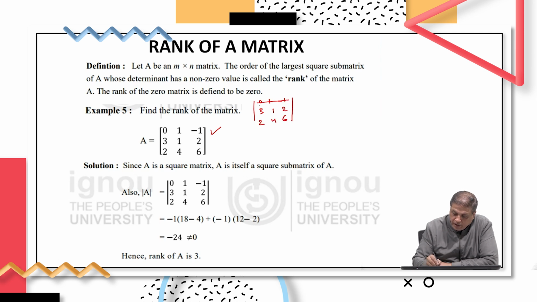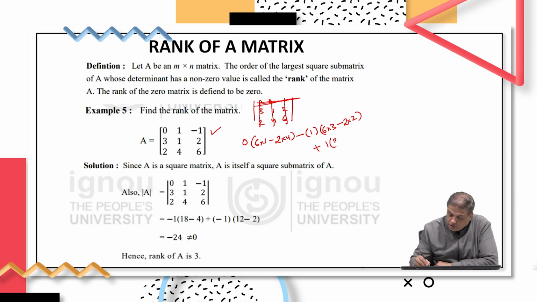Expanding along the first row: 0 into (6 minus 2 into 4), minus 1 into (6 into 3 minus 2 into 2), plus minus 1 into (3 into 4 minus 1 into 2).